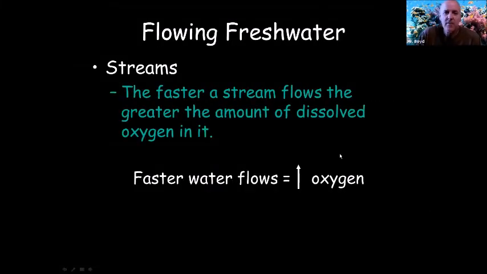Okay, so streams. The faster a stream flows, the greater the amount of dissolved oxygen in it. Rapids are going to have very high dissolved oxygen. So mountain streams that are flowing and having waterfalls and all of that kind of thing are going to have very high dissolved oxygen.